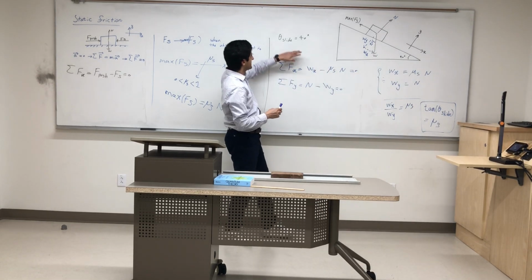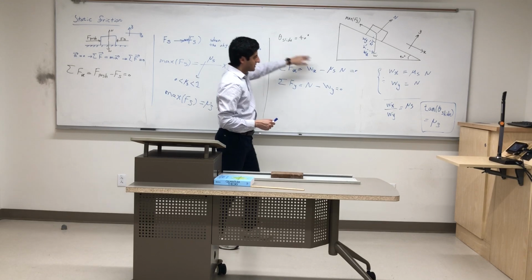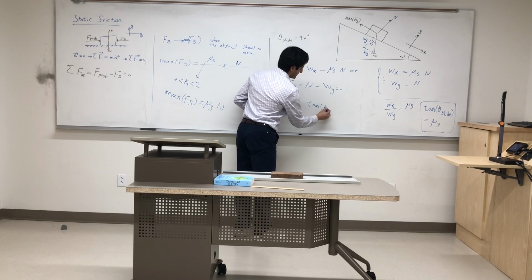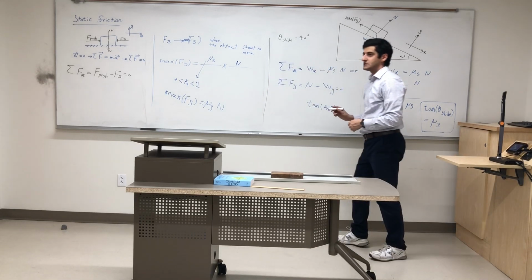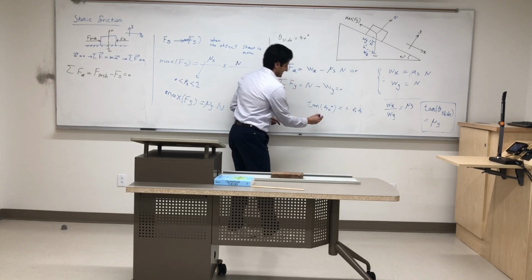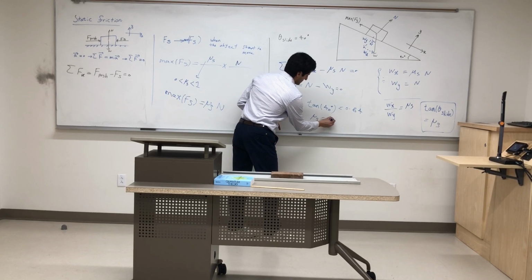So by calculating tangent of 40 degrees, you can get mu s. And tangent of 40 degrees is equal to 0.84. So mu s is 0.84, which is unitless.